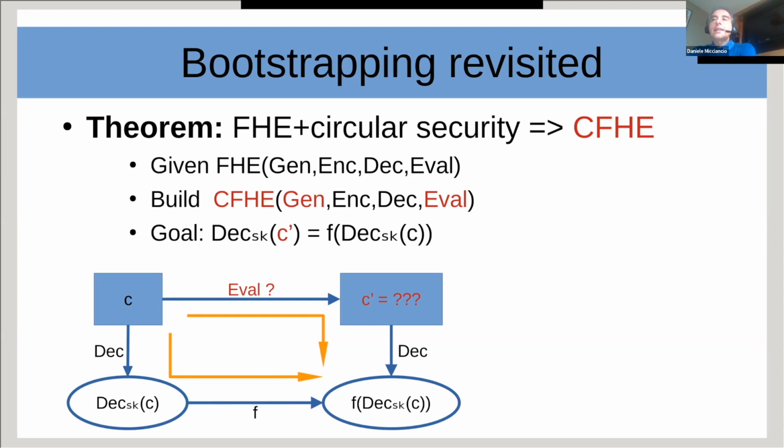We want to find a corresponding ciphertext that can be given as input. And this ciphertext C prime should be precisely the output of this new evaluation function which we are about to define.